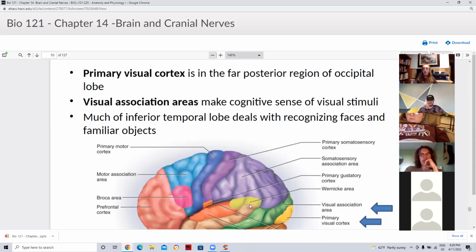Because you learn to associate letters with words, and then you learn the meaning of those words. And then you learn how to communicate using those words. So much of the inferior temporal lobe deals with recognizing familiar faces and familiar objects.